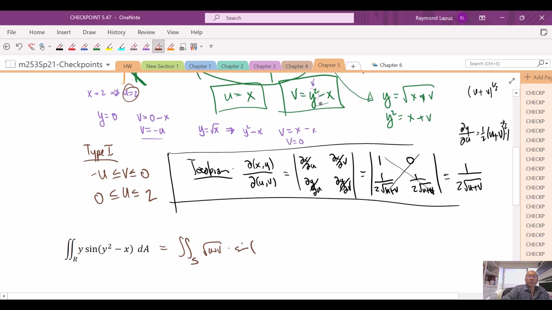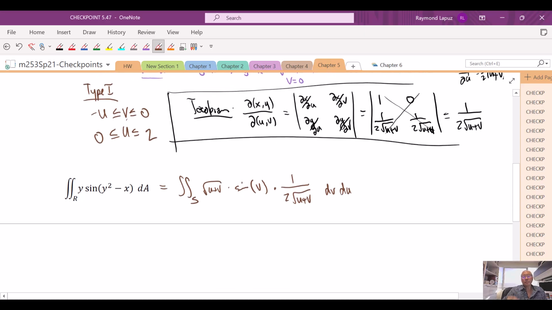Y squared minus x is actually just equal to v, so we can do the straight substitution for y squared and x, but we have the whole y squared minus x already figured out there. And then we're going to integrate with respect to v first and then u. Oops, let's not forget our Jacobian. Our Jacobian is going to be 1 over 2 square root of u plus v. And then now we integrate with respect to v first and then u.